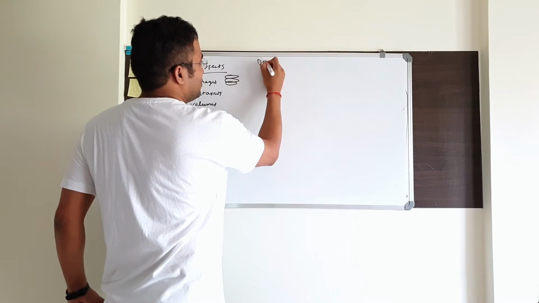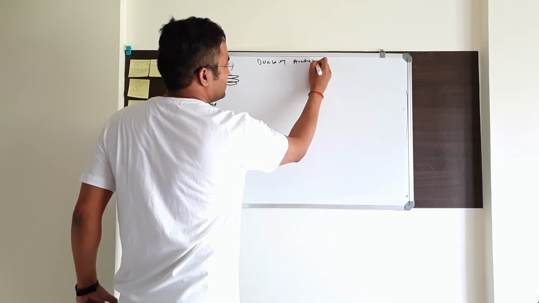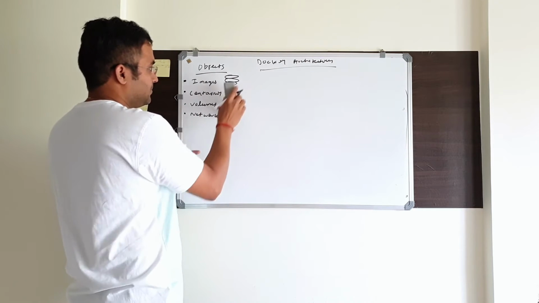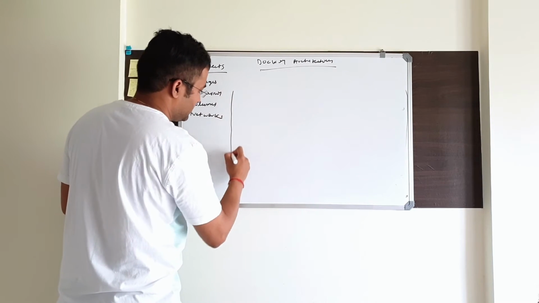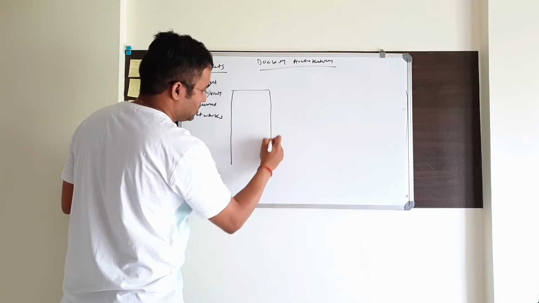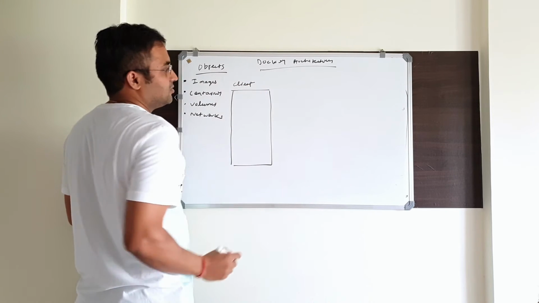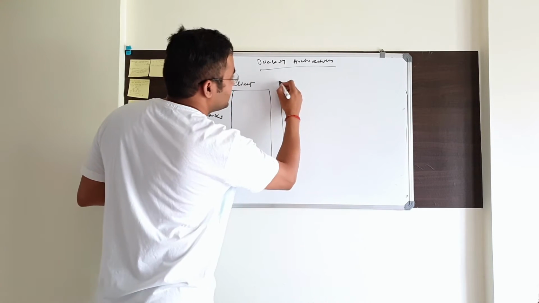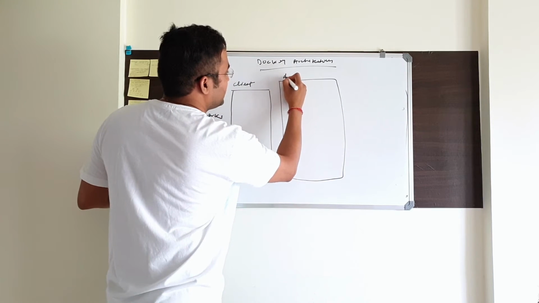So if you talk about Docker architecture, I will just segregate things. Here one component we can call the client. And then we have this bigger one, which we call the Docker host.